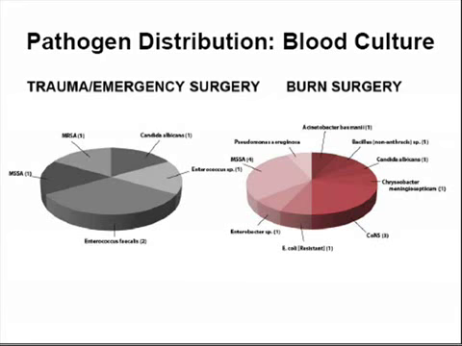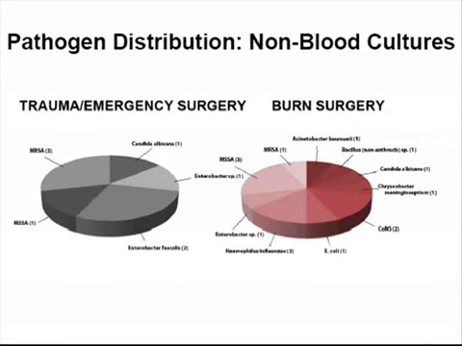Of other organisms of note, we have a great deal of other gram-negative organisms such as Enterobacter species, as well as Pseudomonas aeruginosa and Acinetobacter baumannii, which were actually found by the blood culture methods. In non-blood culture type tests, this includes wound cultures and sputum cultures, we have a similar distribution of organisms, but we also have included on these pie charts Haemophilus influenzae, which is a sputum, a respiratory tract infection organism.